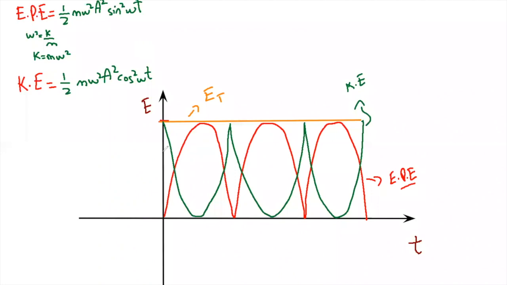Now you know that when I'm on the mean position, my velocity is gonna be the maximum, right? So if velocity is maximum, I know that kinetic energy is also gonna be maximum, right? Now remember, this is elastic potential energy, so we're not really talking about the pendulum maybe, but this is also a good point. But the general answer is this is cos square omega t. That's why this is kinetic energy. And this is sine square omega t. So that's why this is EPE.